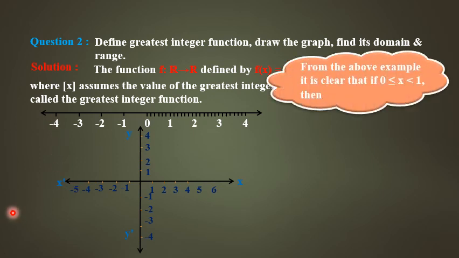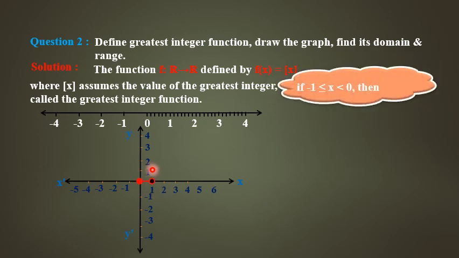Now let us draw the graph here. See, from the above example, it is clear that for any number in between 0 and 1, f of greatest integer value is always 0. If I take an x value in between 0 and 1, any number like 0.1, 0.2, the y value is always 0. So the line will be like this. But if I take x equal to 1, the y value will be here, correct?